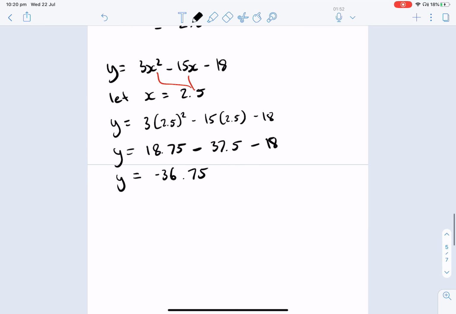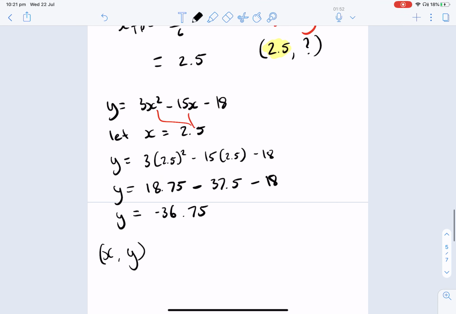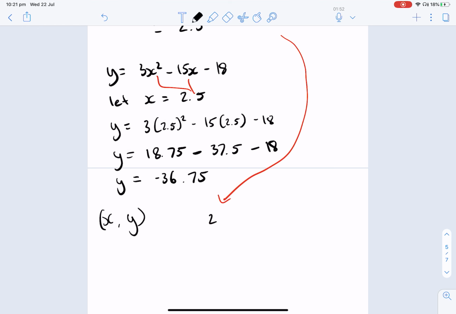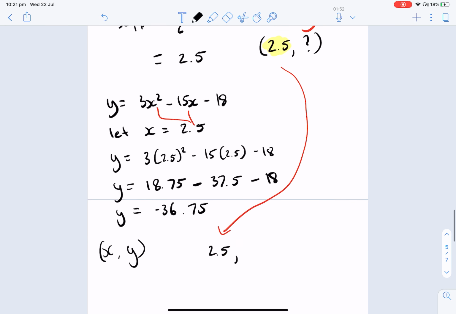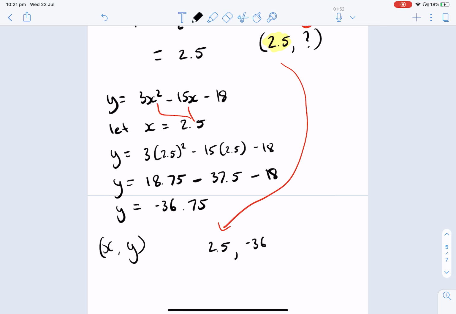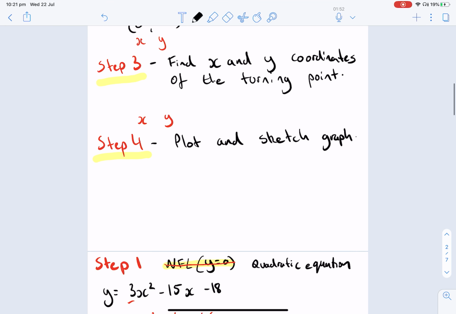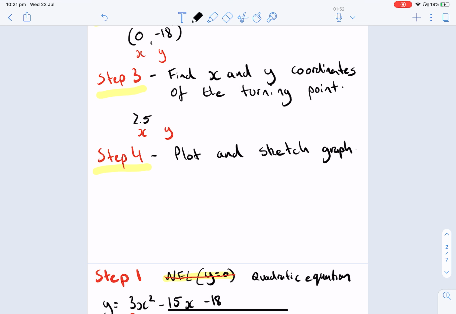So what that means, guys, is that our y value, in terms of our x and y coordinates, bringing down this x value from here, so at 2.5, our y value is negative 36.75. So we just bring that data up here. So our turning point is at 2.5 and negative 36.75.